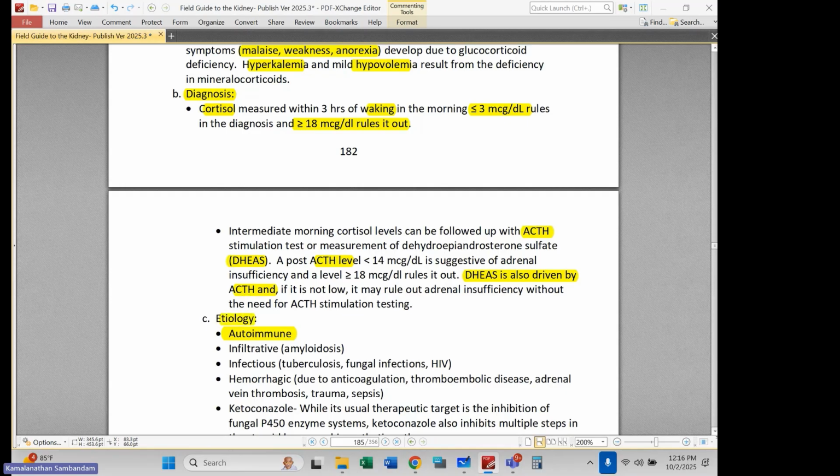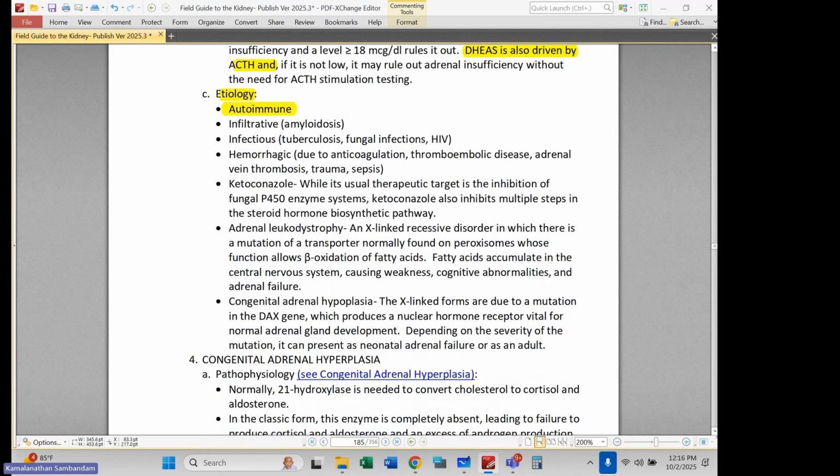So let's move on to etiologies. Autoimmune phenomena are one of your more common causes of primary adrenal insufficiency. Sometimes that's in the setting of a polyglandular autoimmune syndrome that can also be associated with hypoparathyroidism and type 1 diabetes, for instance.